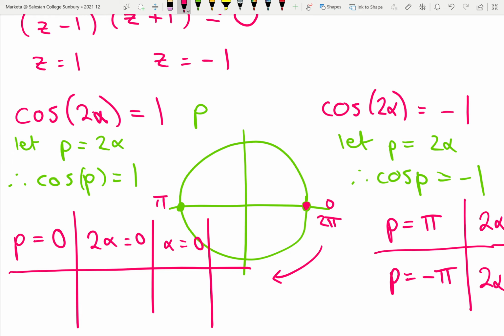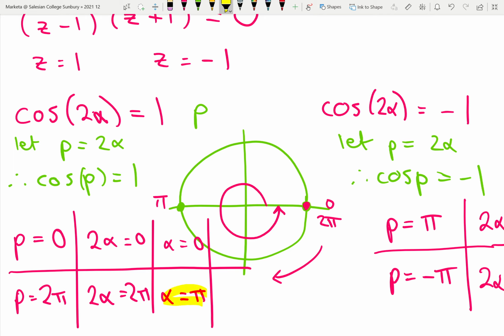We want to get to this point here, and I'm going to go in the positive direction. So I'll go all the way around, and I'm going to get to 2 pi. So P equals 2 pi, 2 alpha equals 2 pi, alpha equals pi. And that one gives us the largest value that we can have, because remember our domain is from -pi to pi. So pi is the maximum one we can have there.